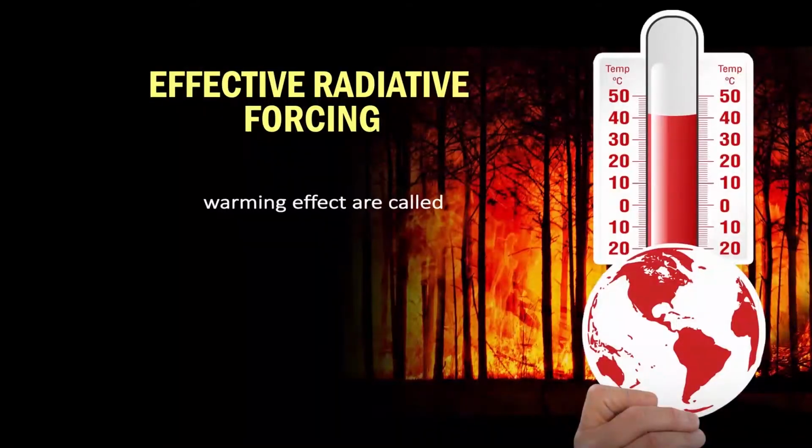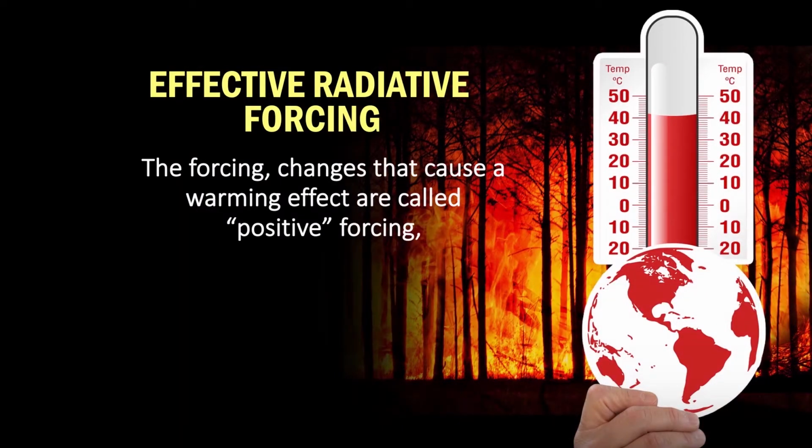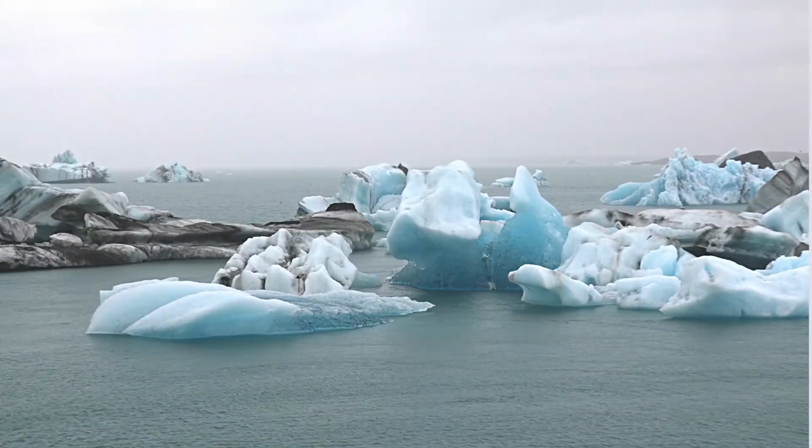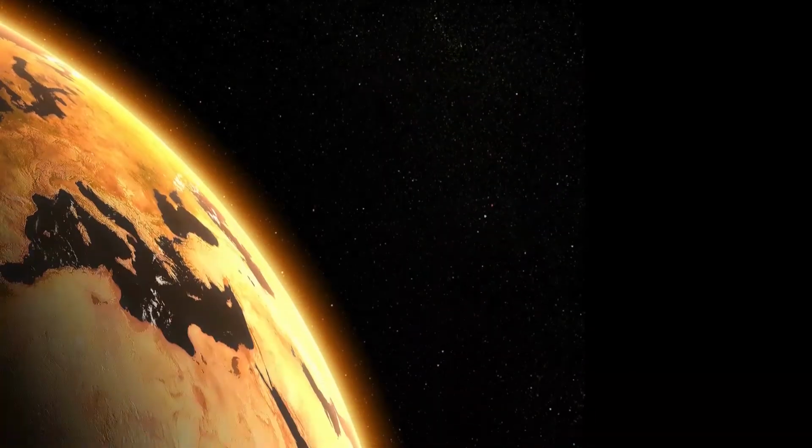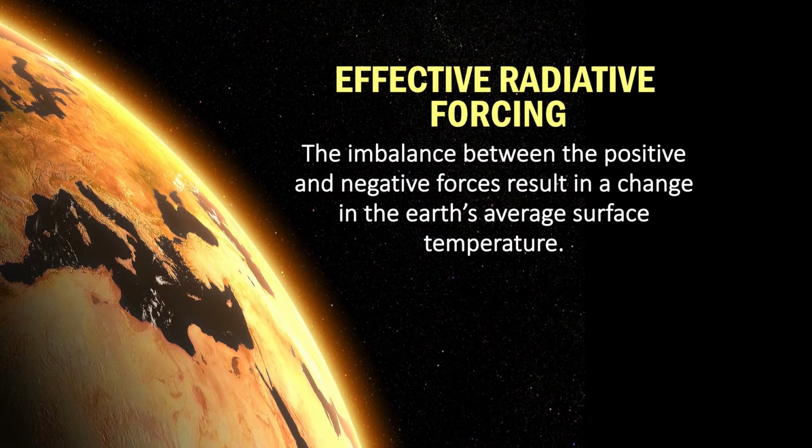As regards the forcing, the changes that cause a warming effect we call a positive forcing, while the changes that result in a cooling effect we call negative forcing. So the imbalance between the positive and negative forcings results in changes in the Earth's average temperature.